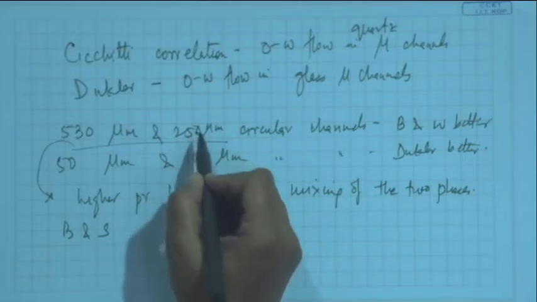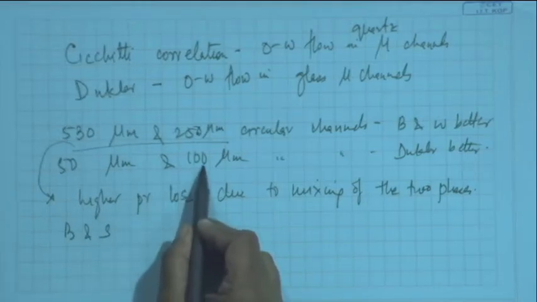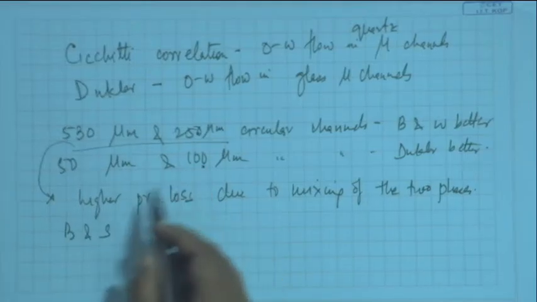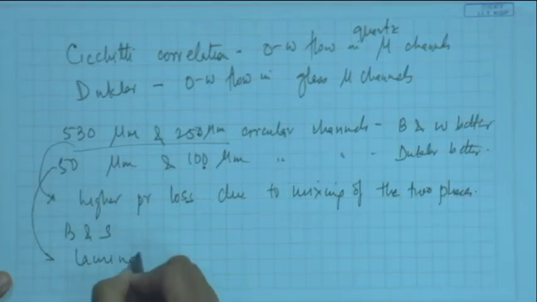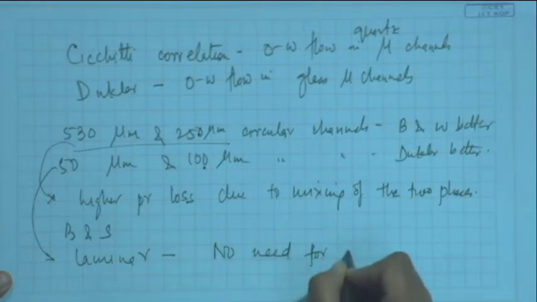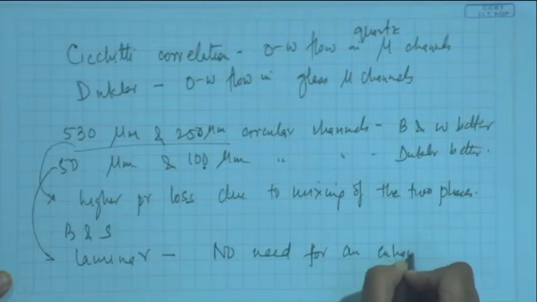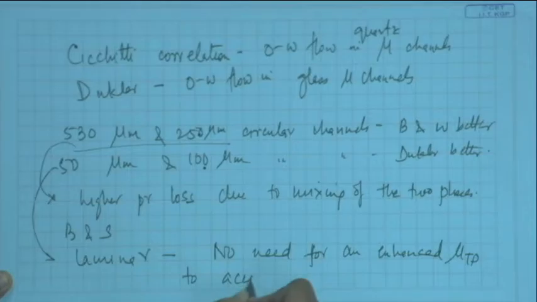On the other hand, if you observe these two micro channels, in this particular case the flow was predominantly laminar, and therefore, there was no need for an enhanced mu TP to account for interfacial shear.